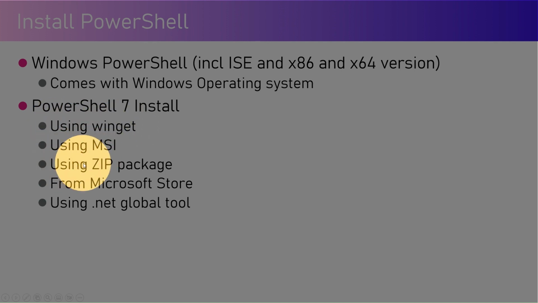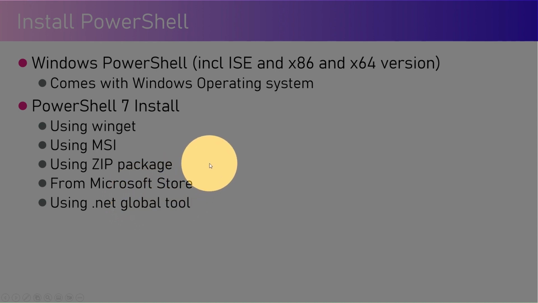Using MSI and zip package, basically you might get some sort of a downloadable through which you can install the PowerShell 7 application. You can fetch PowerShell 7 directly from the Microsoft Store, or you can use the .NET Global command line tool to install the PowerShell 7 application.